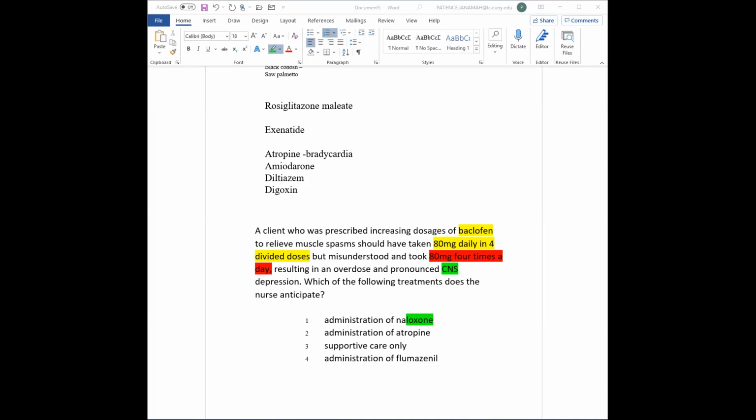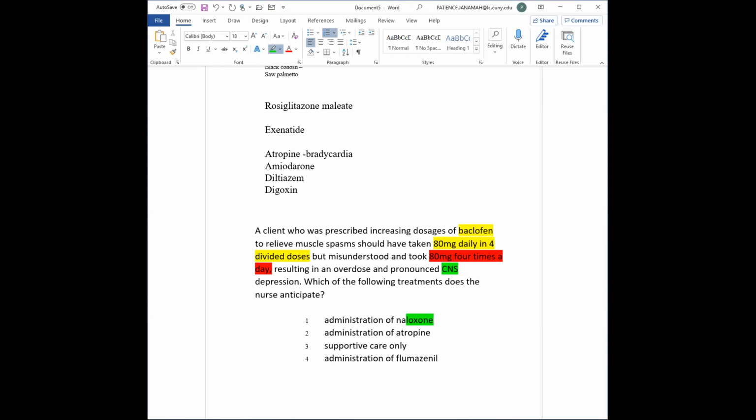What about if we give the last option? I said, what if we give the number 4 option? Do you know what number 4 is? I know it's an antidote too, but I don't remember the class of medicine. Benzodiazepine.